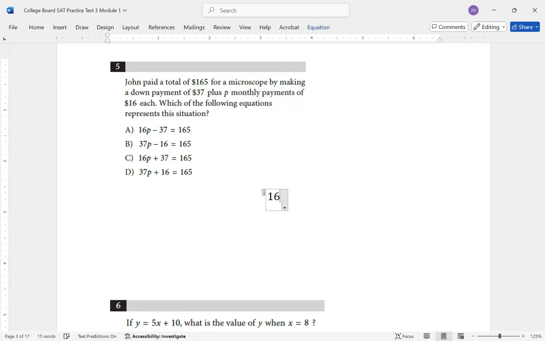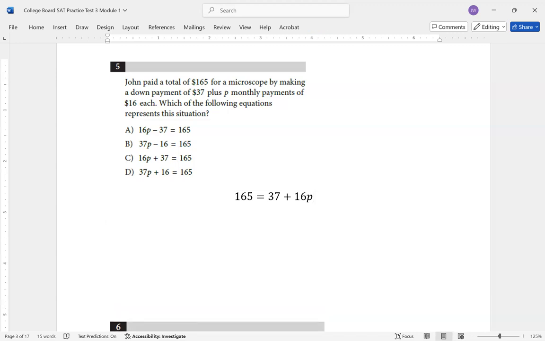So the payment in total is $165, and that is broken up between a down payment of $37 plus P monthly payments of $16 each. So I take $16 times P, and that's the equation that is going to represent this situation.